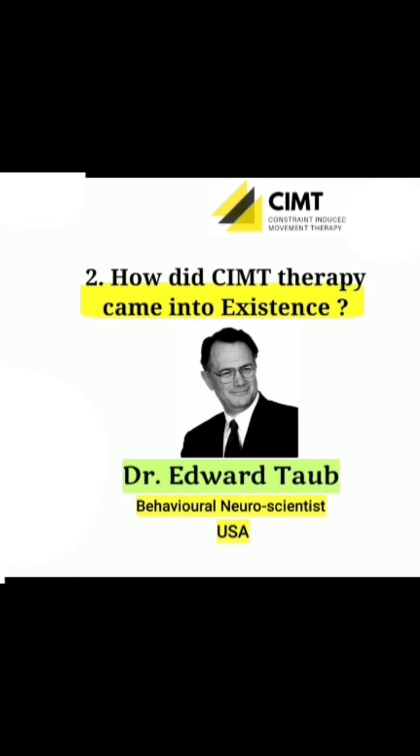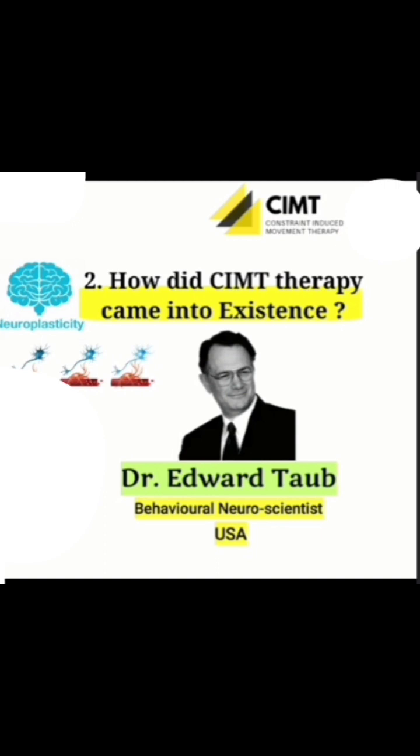He was a behavioral neuroscientist from the United States, credited for the development of constraint induced movement therapy in 1993. Dr. Edward Taub, along with his colleagues, successfully demonstrated the neuroplasticity phenomenon as the mechanism of recovery among stroke survivors following application of the CIMT training protocols.